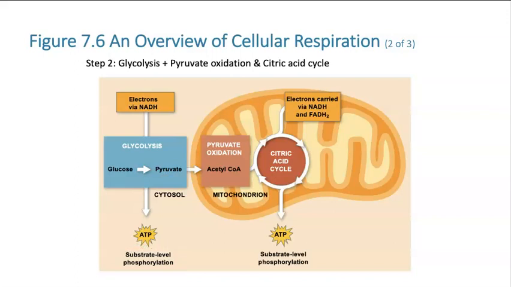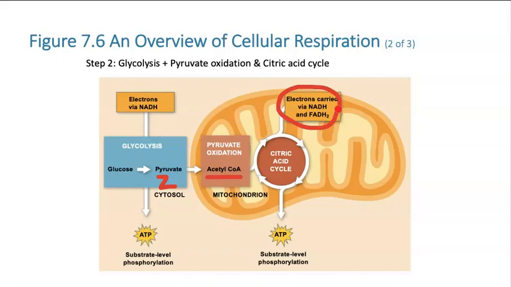So the next stages are pyruvate oxidation and citric acid cycle. With pyruvate oxidation, we take the two pyruvates that are formed from glycolysis. There's two of them, and those go into the matrix, and they're oxidized into something called acetyl-CoA. Acetyl-CoA enters the citric acid cycle, and from this we get NADH and FADH2.